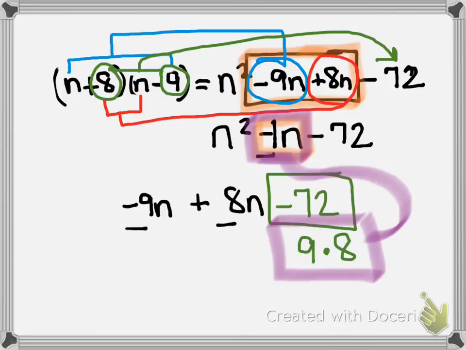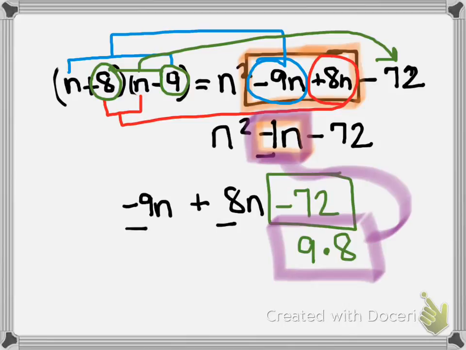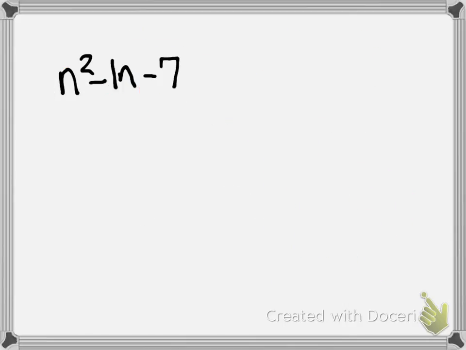So if you keep that relationship in mind, you can always go from n squared minus n minus 72, and you can work this whole thing backwards.